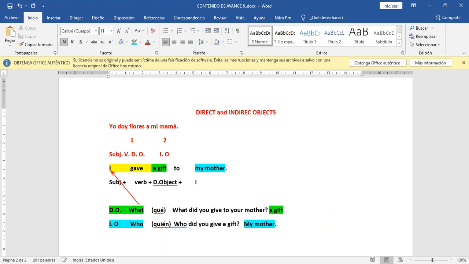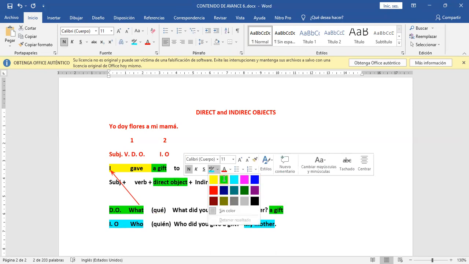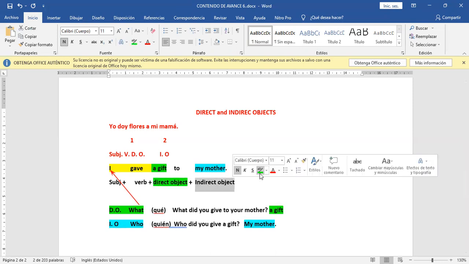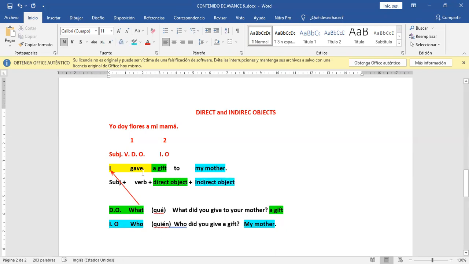I will write it complete. Indirect object. Direct object. Okay, this is how we organize a sentence using two objects, direct object and indirect object.